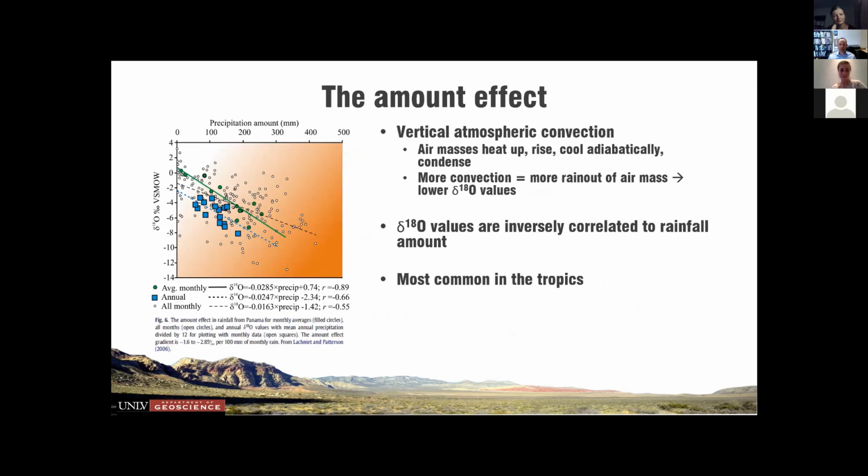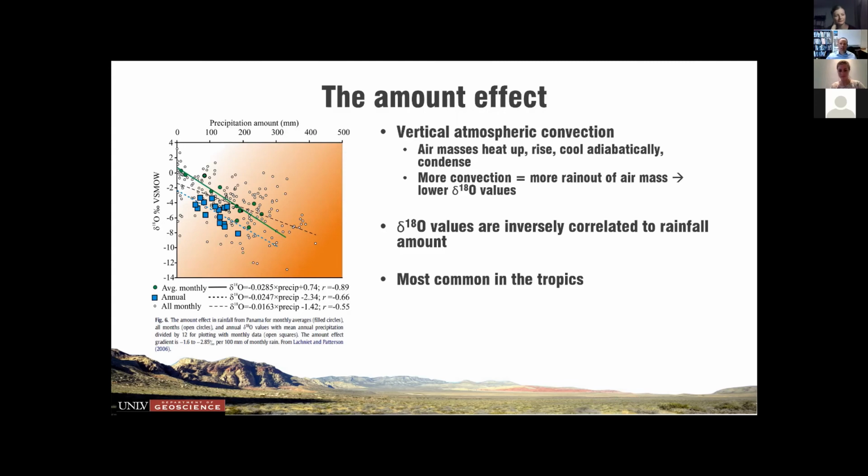The amount effect is the observation that in some tropical locations, the delta 18O values of the rainfall are related to the amount of rainfall. And the basic idea is you take one of those air masses that evaporates over the ocean, you heat it up during convective processes, and as it rises, it cools, and then rain falls out.